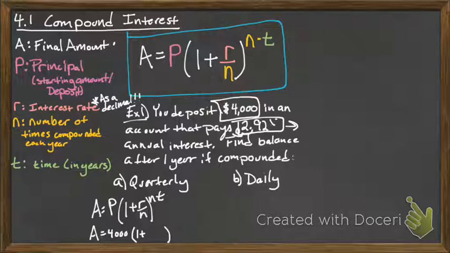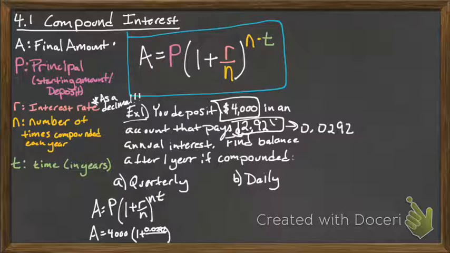So if I did that, it'd be 0.0292. That's really our 2.92% as a decimal. So it's going to be 0.0292 over there. All of that's got to be divided by n.